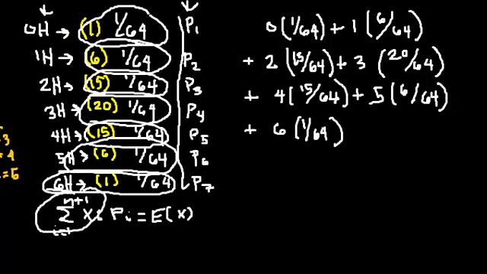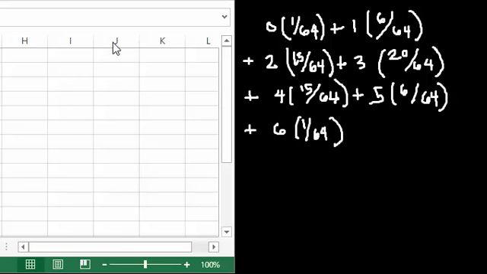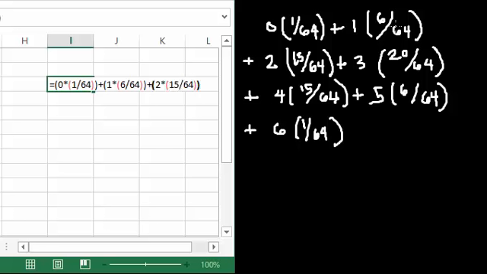But for our purposes, let me grab Excel. So I have Excel right here, and let's try and solve this using Excel. So what we have is 0 times 1 over 64. I know I should not have typed that, but just for the sake of clarity, I am going to type everything according to this. So it's now 1 times 6 over 64, parentheses, plus 2 times 15 over 64, plus we have 3 times 15 over 64, plus 5 times, oops, I'm sorry, I forgot my parentheses.